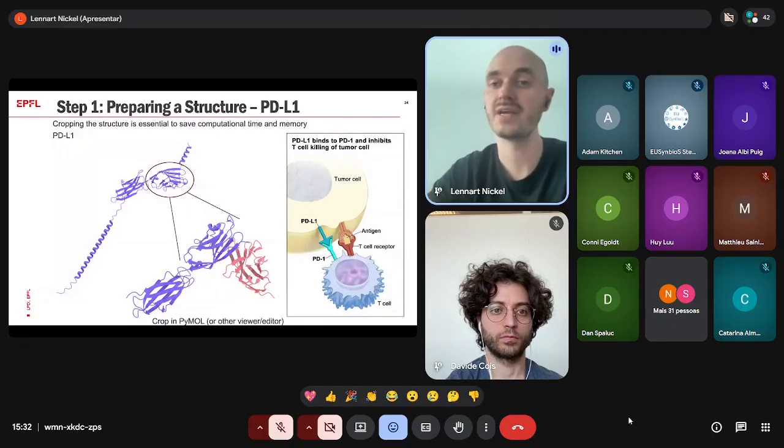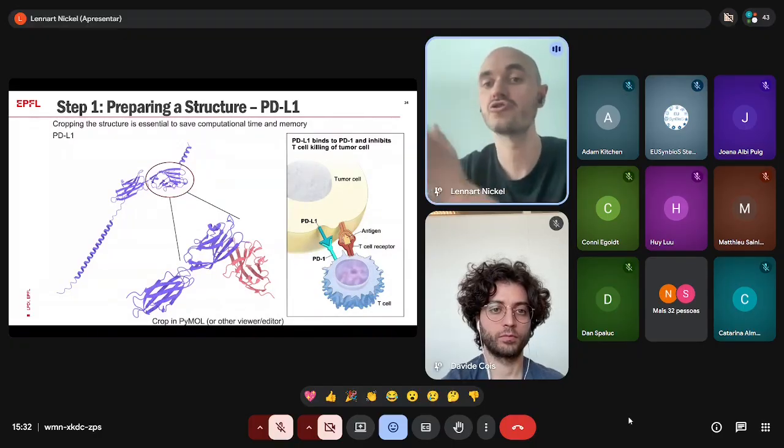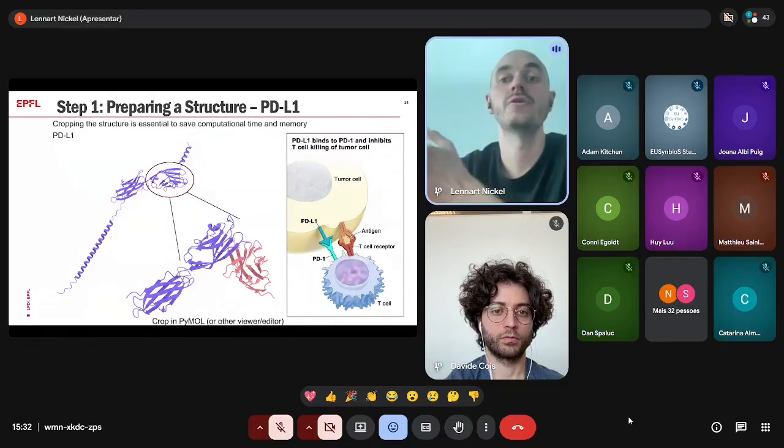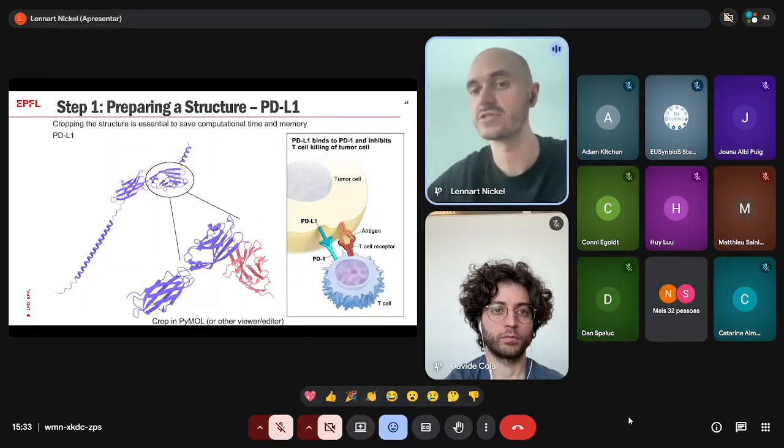You go into the PDB, you search for a crystal or cryo-EM structure of your target of interest, or if it's not present, you can also, of course, use the AlphaFold structure. And what is very important for any protein design tool is that you crop it to the part, usually the domain, that you are actually interested in, because your runs will, in terms of compute time, scale with the size of the system.